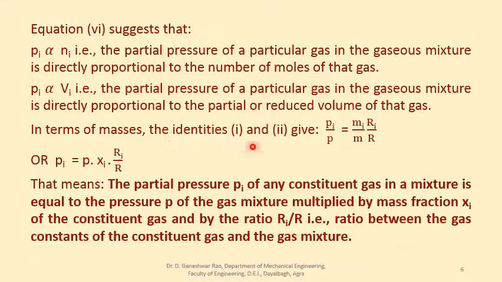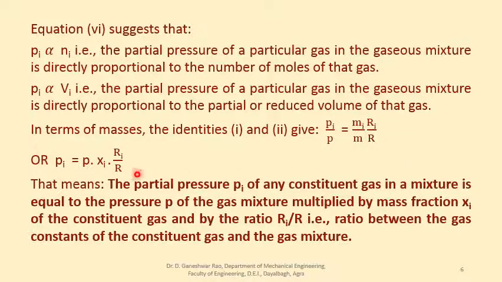So in terms of masses, the identities 1 and 2 gave us this relation, that is, Pi upon P is equal to mi upon m into Ri upon R. So for gas A, PA upon P is equal to mA upon m multiplied by RA upon R, and so on. For all the gases, you can write down this equation.